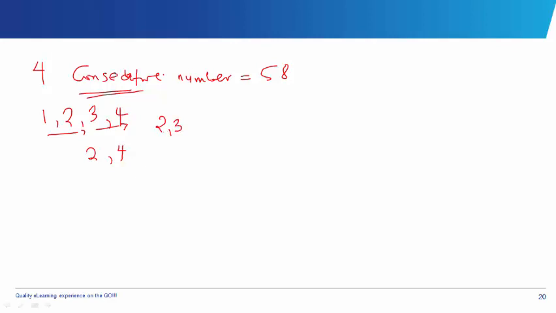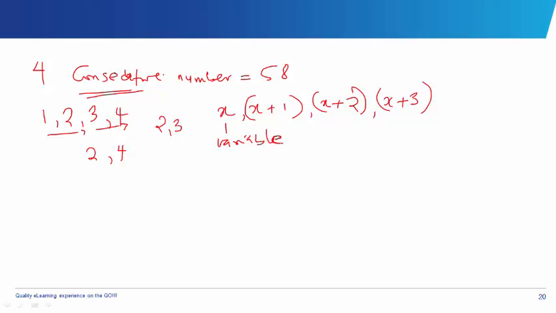So we don't know the numbers. Let's say the first number is x. The next one, since they are consecutive, will be x plus 1. The next number will be x plus 2, and the last number will be x plus 3. So x could be any number; we call x a variable.